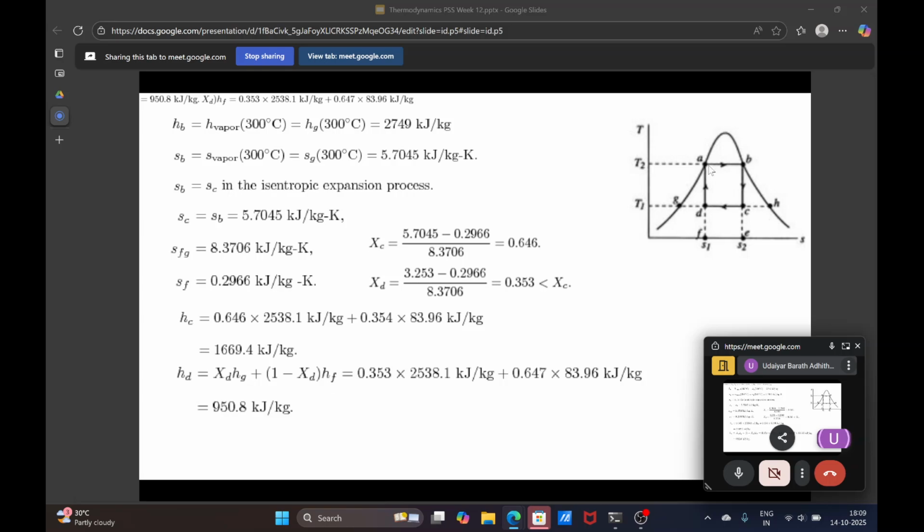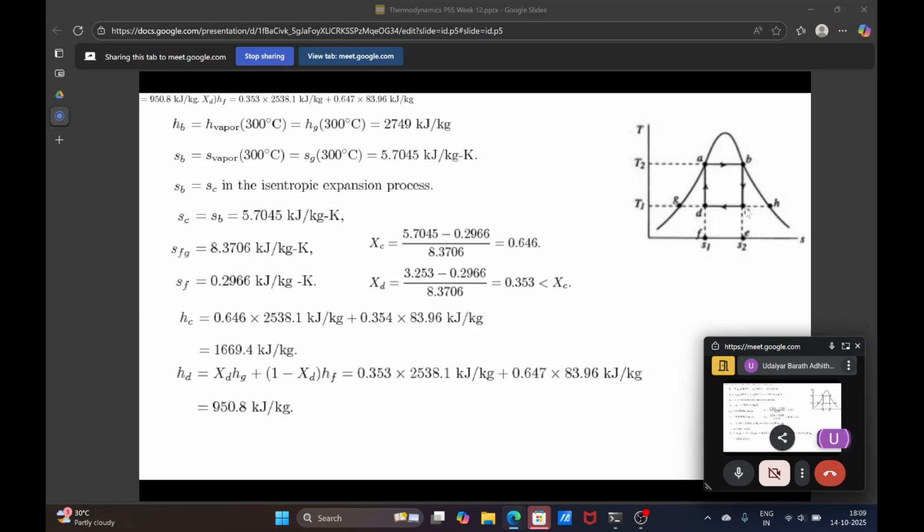A is your saturated liquid and B is your saturated vapor. From the steam table, for saturated vapor at 300 degrees Celsius, your enthalpy is 2749, and similarly the entropy. So we know SB, which will be equal to SC, because B to C is an isentropic expansion process.